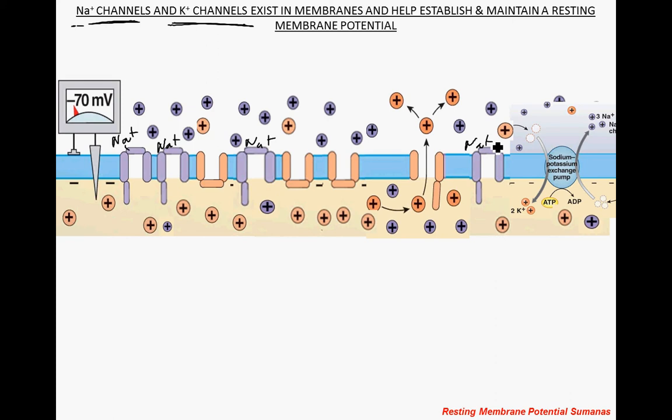You'll notice that these sodium channels are closed at rest. These sodium channels are voltage sensitive. The gates on them are voltage sensitive. So when the charge inside the cell is negative 70 millivolts, these sodium channels are closed. We've got several sodium channels all throughout the membrane of the neuron.